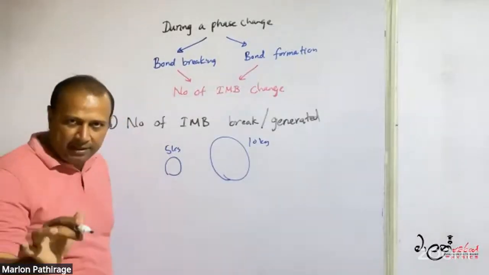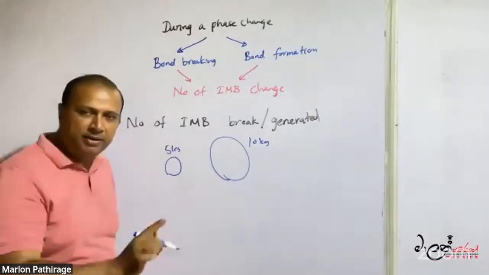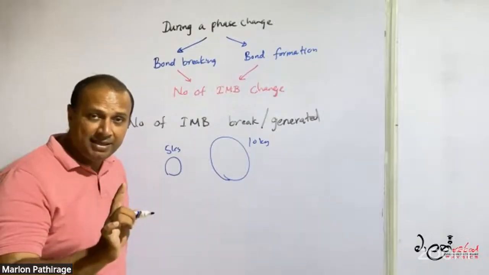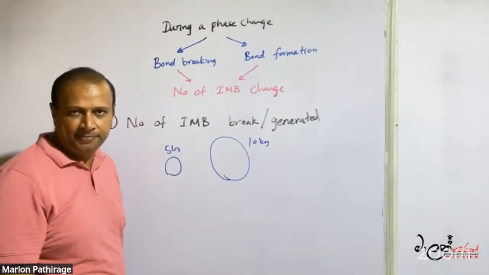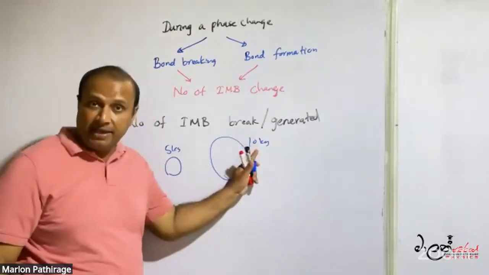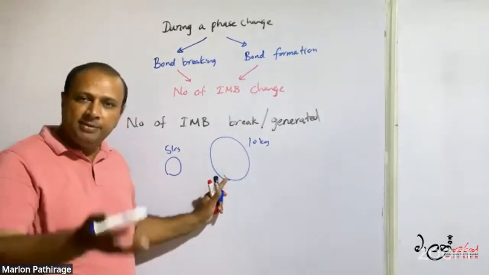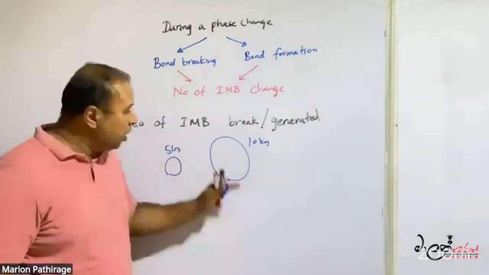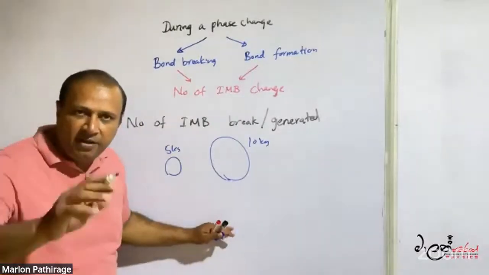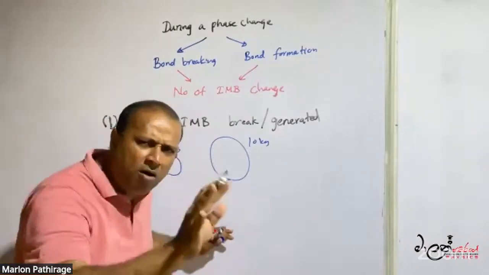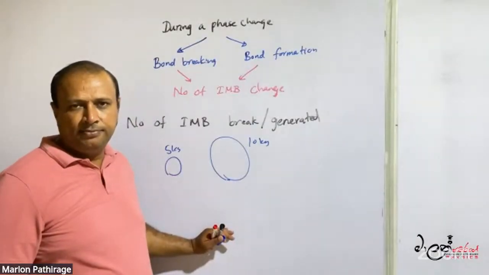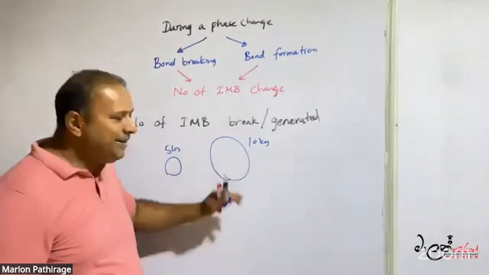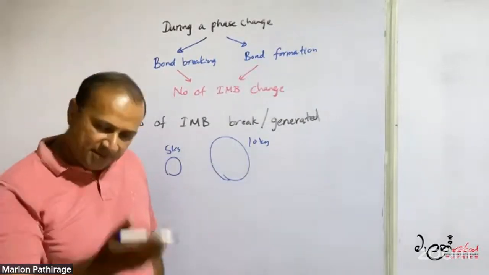It is very clear that in the 10 kg metal ball there are a lot of bonds, because its mass is higher and the number of particles increases. If you want to melt it, you have to break all of those bonds, and the energy associated with those bonds is definitely high.